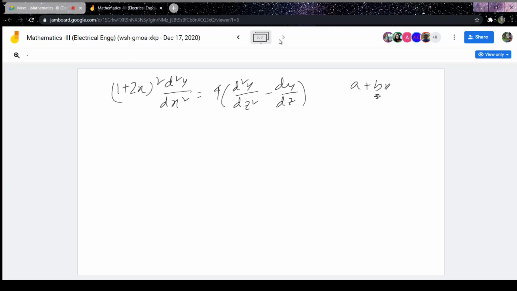So my equation is 1 plus 2x square d2y dx square, that is nothing but 4 d dash square, I mean d dash square minus d dash operated on y, minus the next was 6 into 1 plus 2x dy dx will be 2 into 6 means 12. 12 d dash y plus 16y is equal to 8.